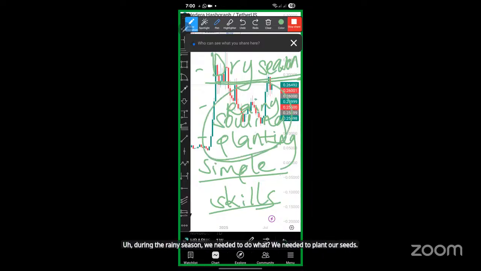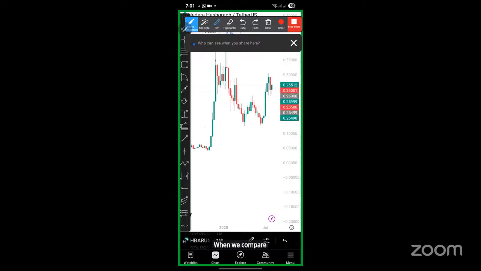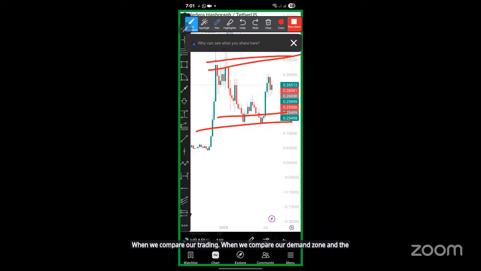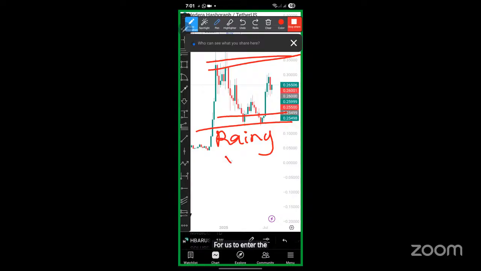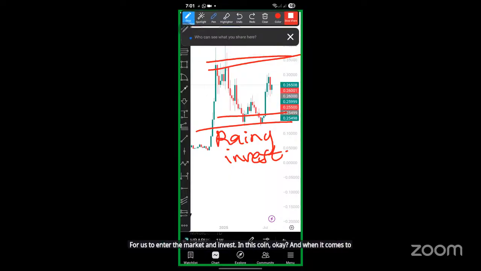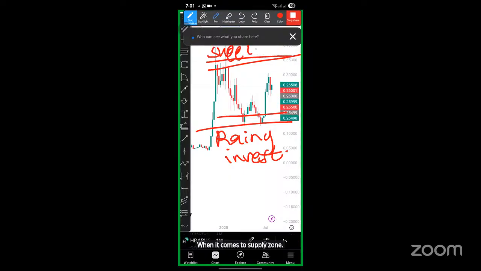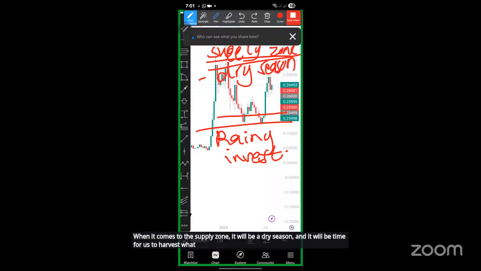Are we together? So once you know this, it means when we compare our demand zone and the supply zone in trading, the demand zone will be a rainy season for us to enter the market and invest in the coin. And when it comes to the supply zone, it will be a dry season and time for us to harvest what we sow in the rainy season.